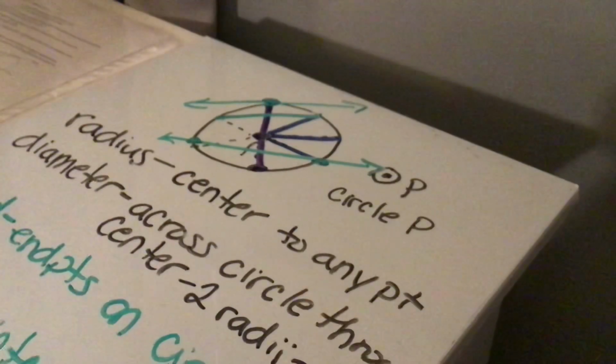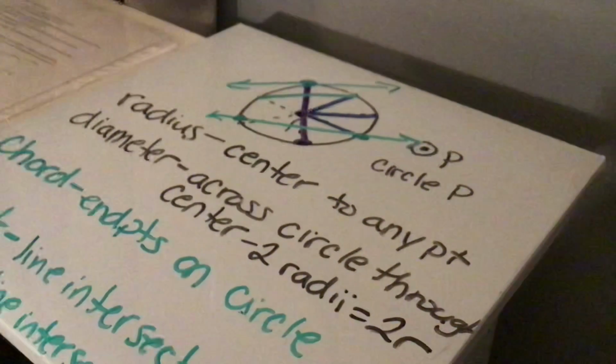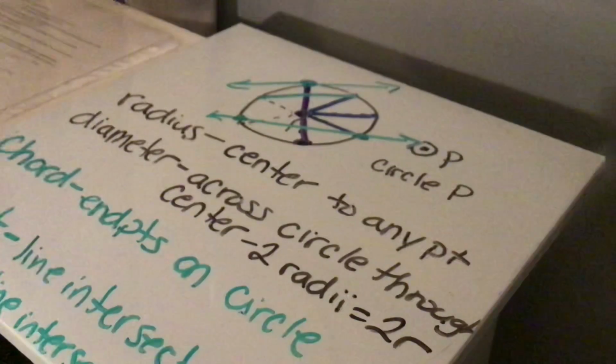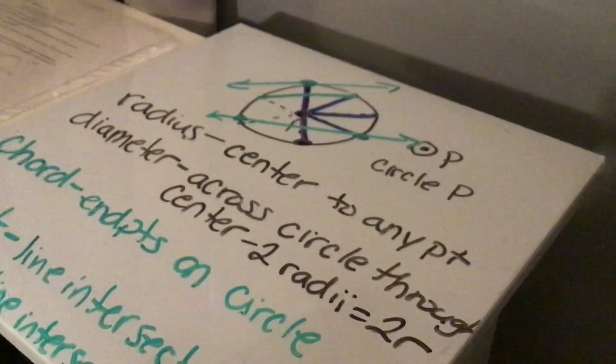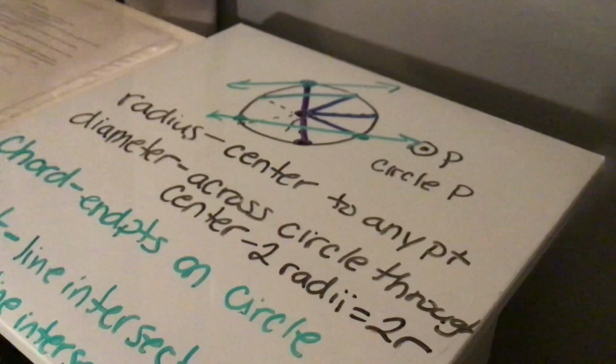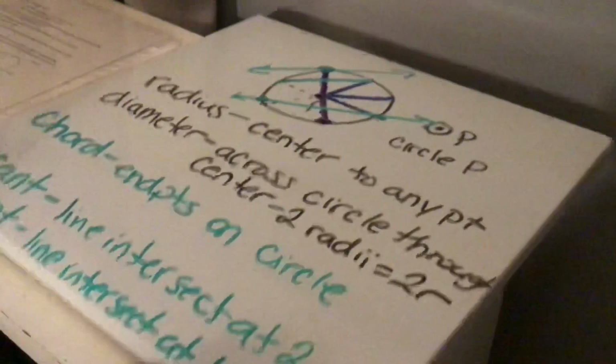Okay? All these definitions are in your notes. Sometimes it helps just to have them explained to you and visually see them. Okay? So a radius is from the center to a point. The diameter goes through the center. Endpoints are on the circle. A chord just has endpoints on the circle, not necessarily through the center, okay?